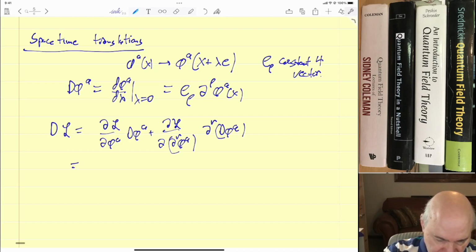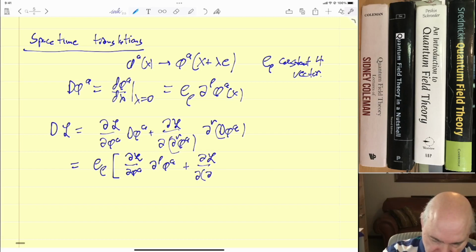So this is equal to epsilon rho. I'm just going to factor out the epsilon rho part, at least for now. Remember, epsilon is a constant, so we can do that legitimately.